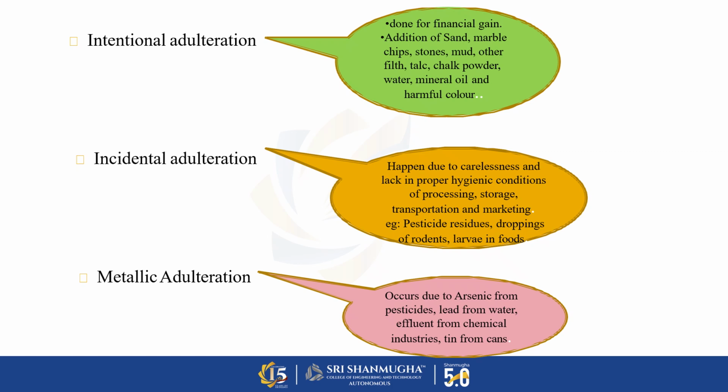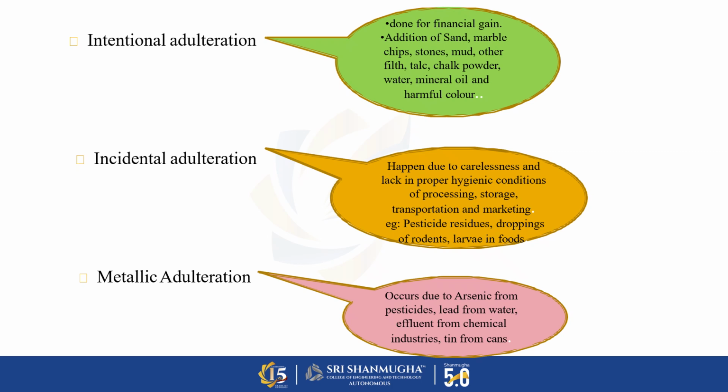Next is incidental adulteration. It happens due to carelessness and lack of proper hygienic conditions during processing, storage, transportation, and marketing. Examples: sometimes pesticide residues are added in food, the eggs of larvae are found in foods, and droppings of rodents in food products.